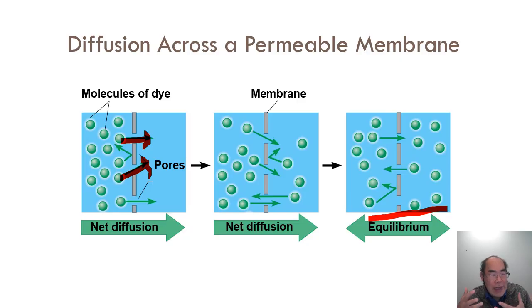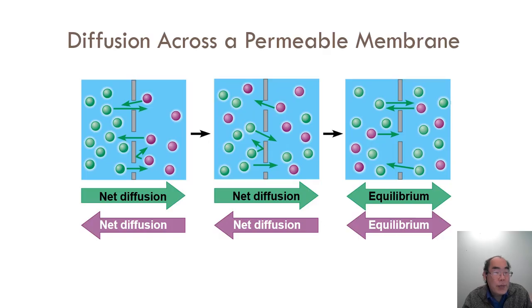It's actually dynamic equilibrium because particles are still moving across the membrane, but the particles that are moving from left to right equals the particles that are moving from right to left across the membrane. So that's dynamic equilibrium. And here's another picture with two different kinds of particles. The green particles are on the left side of the membrane, and the purple particles are on the right side of the membrane.